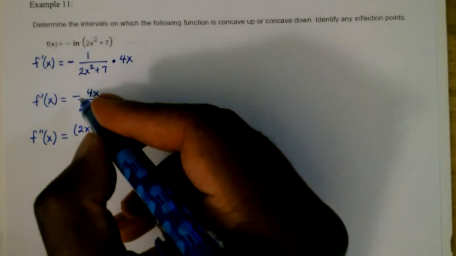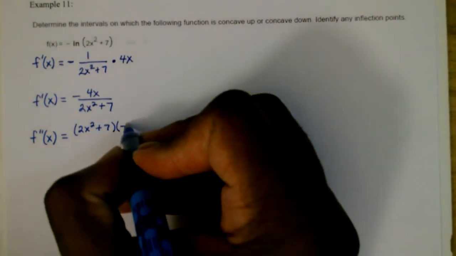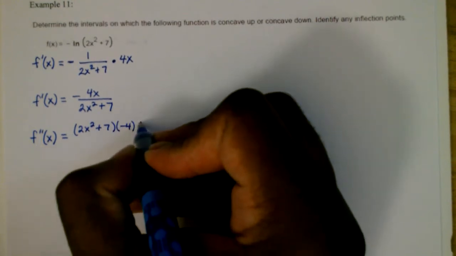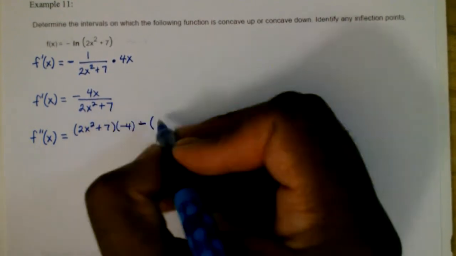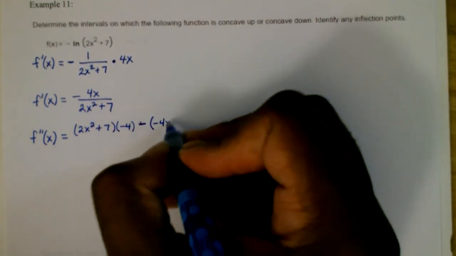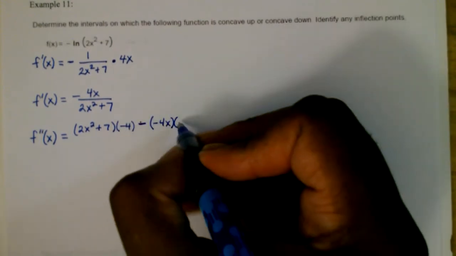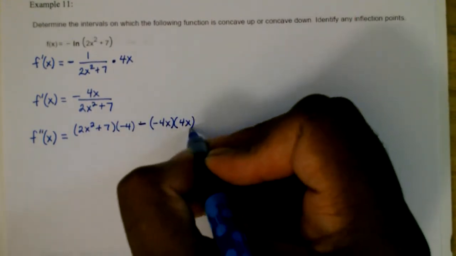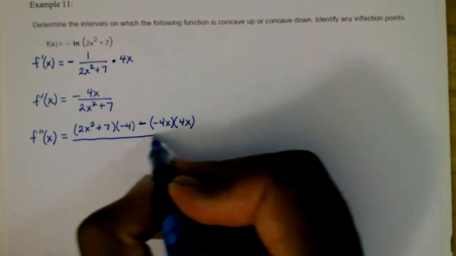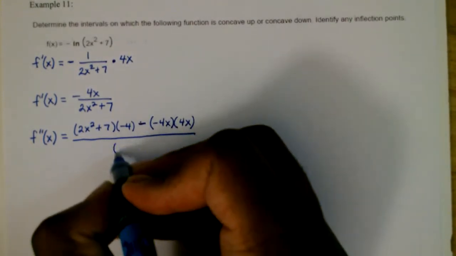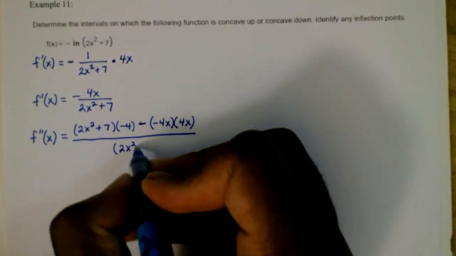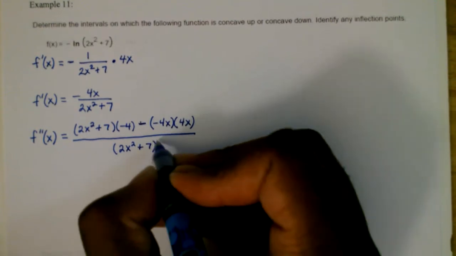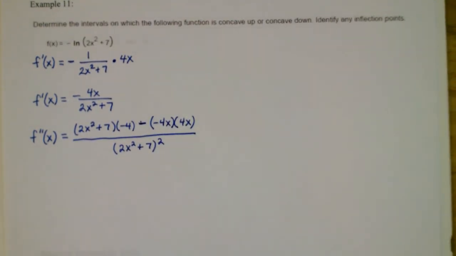The derivative of negative 4x will be negative 4. And then minus the numerator, which is negative 4x, times the derivative of the denominator. 2x squared plus 7, its derivative will be 4x. All that's divided by the square of the denominator, 2x squared plus 7, and that's going to be squared.